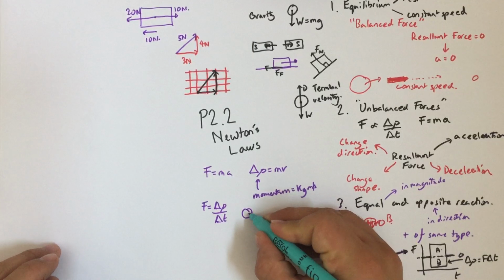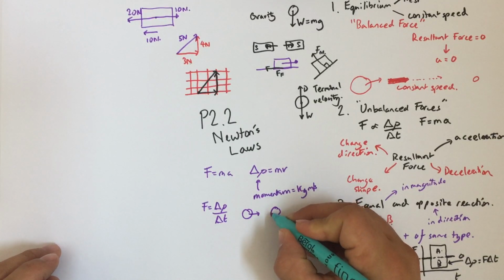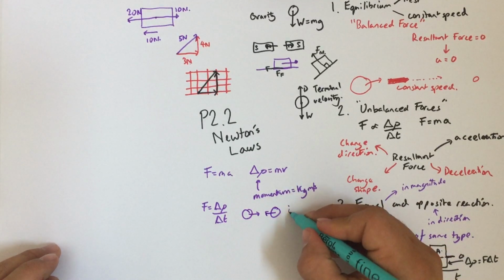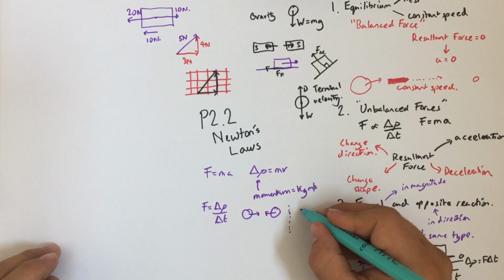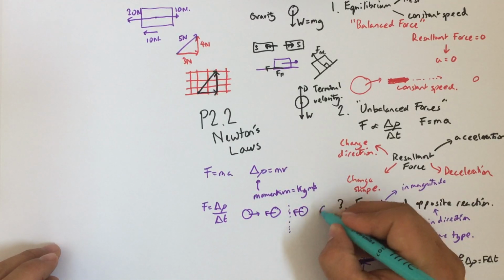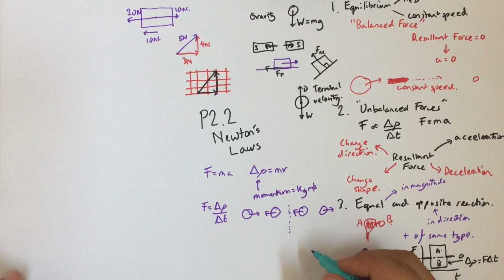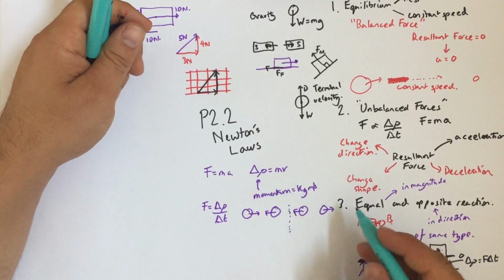As an example, if I've got two objects and they are going to collide, and some time later they're going to bounce off each other in that direction, we can apply the principle of conservation of momentum.